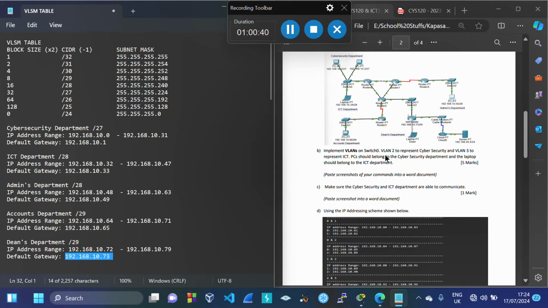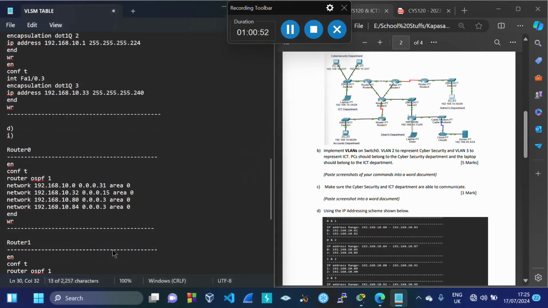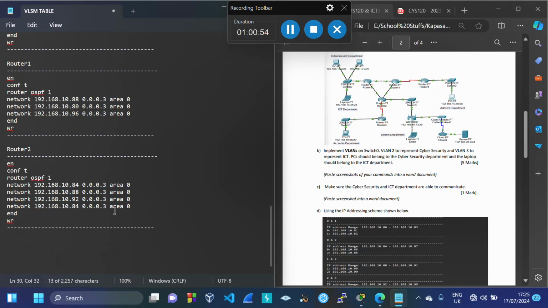If this is the default gateway, it means their network is .72. So I'll go back now. I was explaining. This router is connected to this network, which is .72.